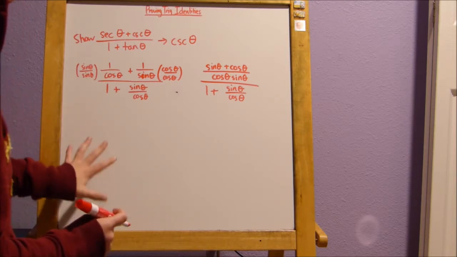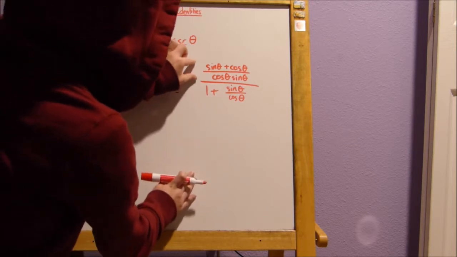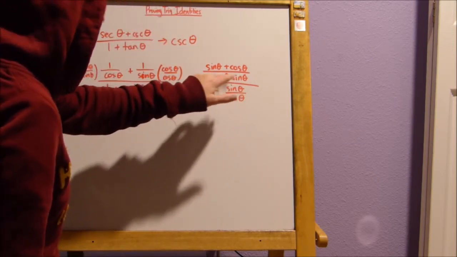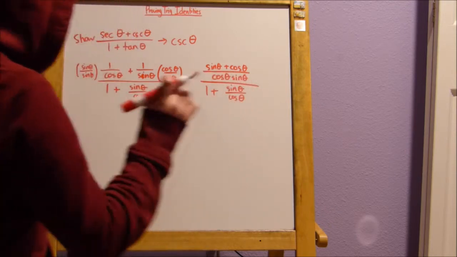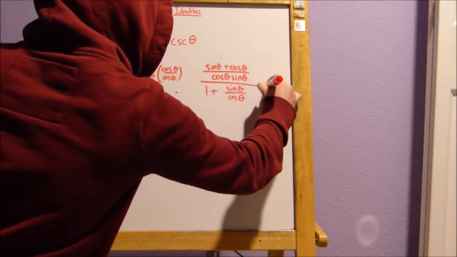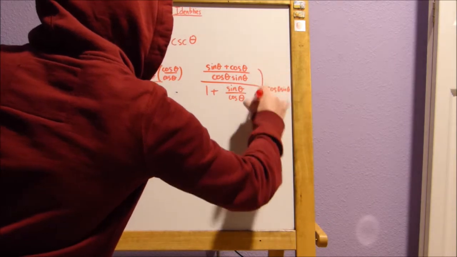Okay, so what we're going to do here is multiply both the top and the bottom by cosine theta times sine theta to get rid of this in the top. Okay, so multiply times cosine theta, sine theta, everything.